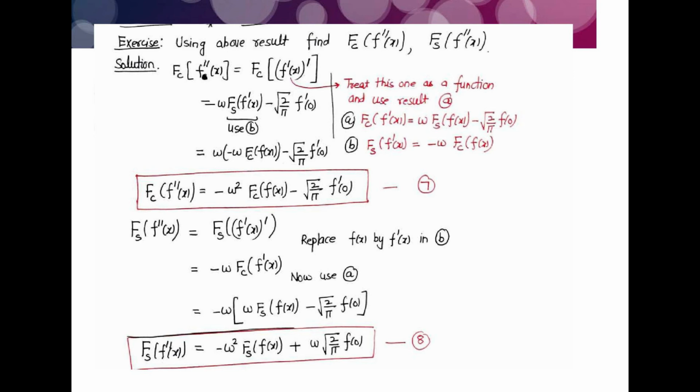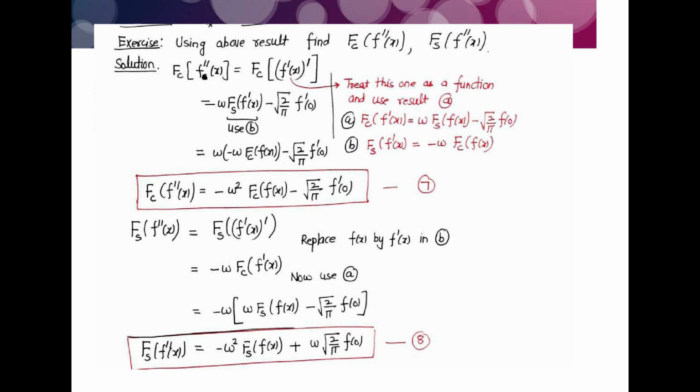So the Fourier cosine transform of f double dash x is, I can rewrite the second order derivative, right? The Fourier cosine transform of f dash x, and then it's again a first order derivative. Now in this expression, we use the property that the Fourier cosine transform of f dash x is w times the Fourier sine transform of the function f minus root 2 upon pi f of 0.